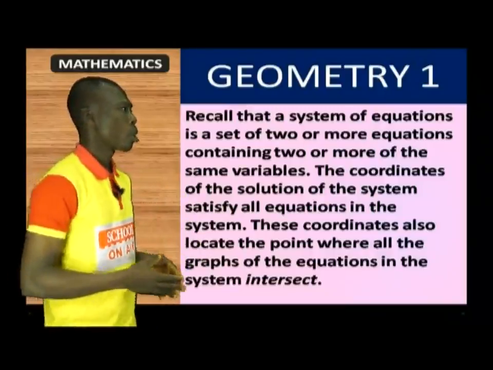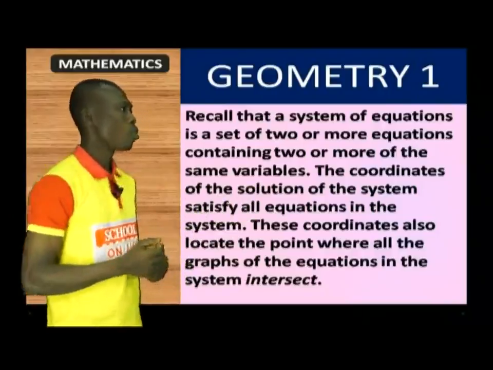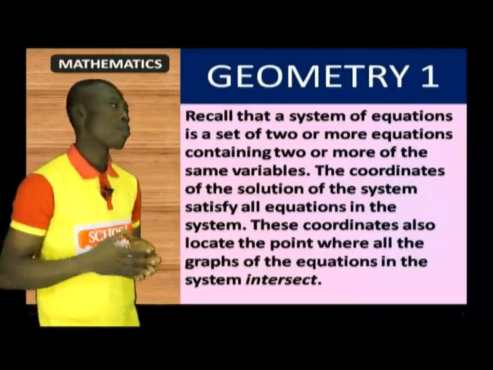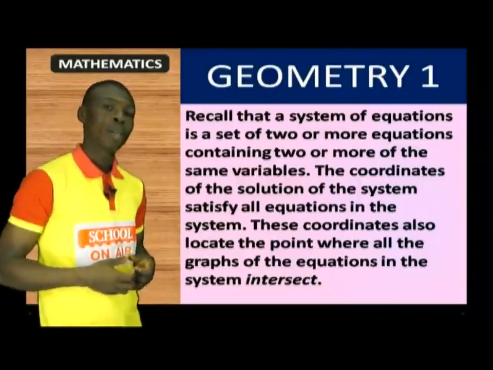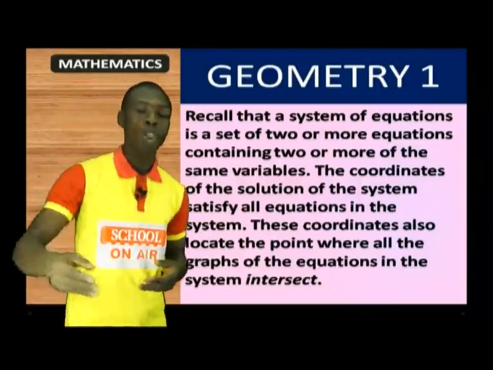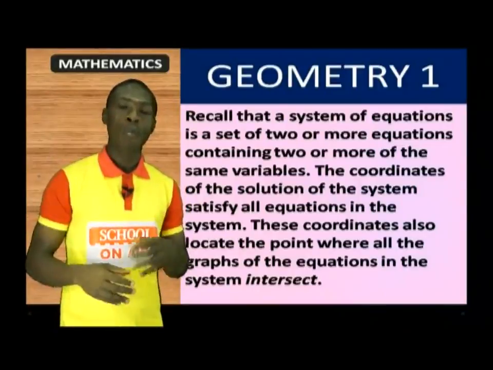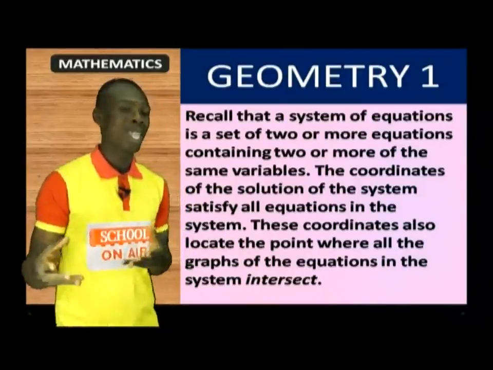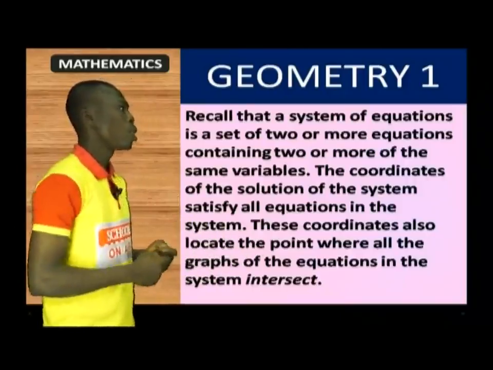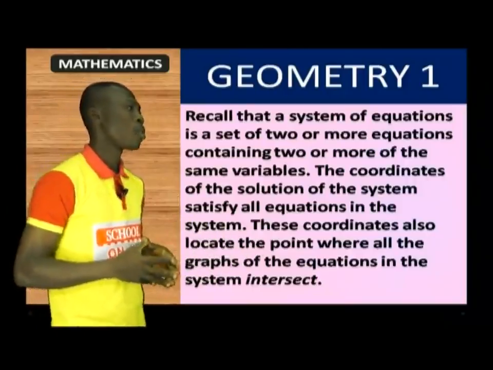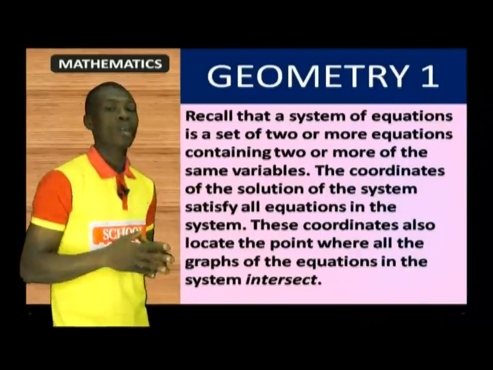The coordinates of the solution of the system always satisfy all the equations in the system. By the time you put them back in the equations you have, it always satisfies. These coordinates also locate the point where all the graphs of the equations in the system intersect.